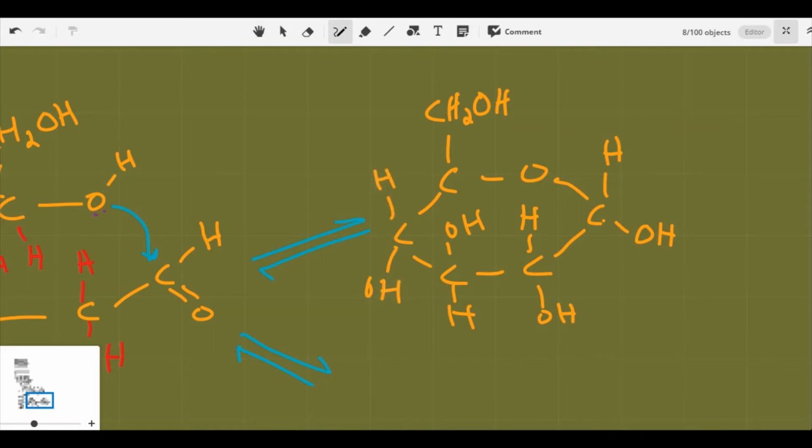Okay, so that is the first structure, and that is known as alpha D glucopyranose. I am going to write GP.